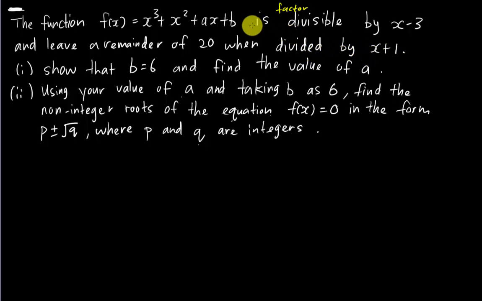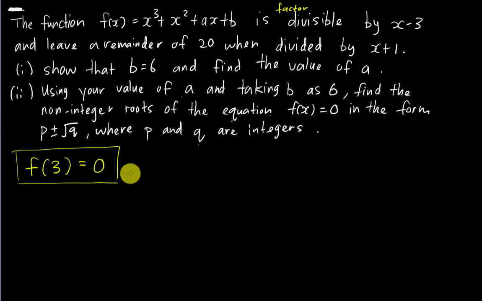So when the question says divisible by x minus 3, what I will write over here is I will make the divisor 0. That means I need to substitute 3 into my x. That's why I will write f(3). I will get 0 because the question tells me it's divisible. This is one of the very important things for remainder theorem.